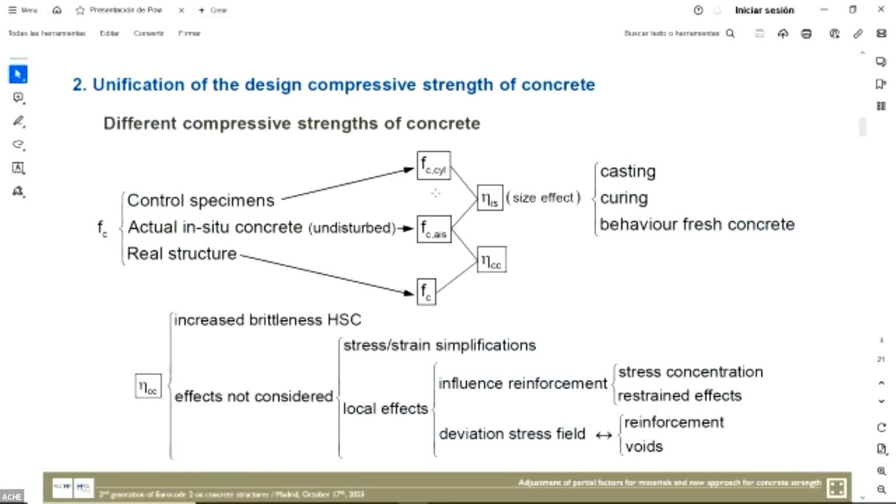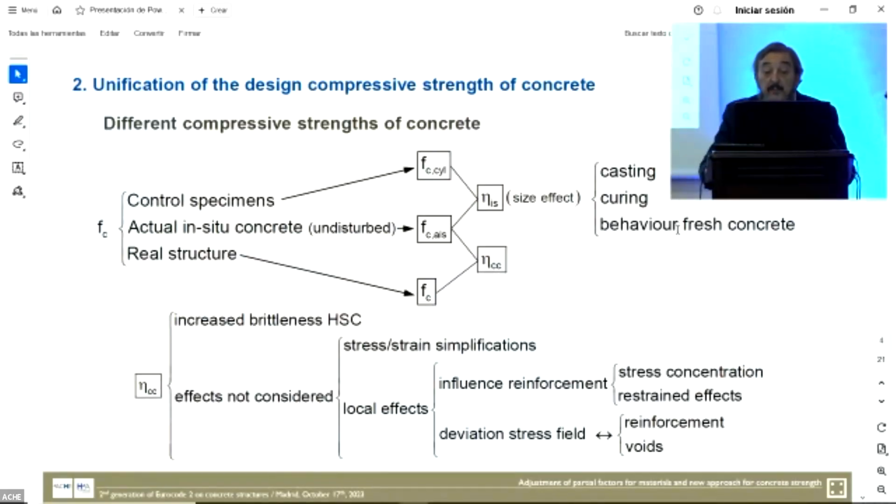On the other hand, the actual in situ compressive strength in undisturbed structure, that's the structure without reinforcement, without longitudinal and transverse reinforcement, and one coefficient, eta IS, to convert one to the other. The differences between both are the casting conditions, the curing conditions, the behavior of fresh concrete, different in the control specimen than in the actual concrete.